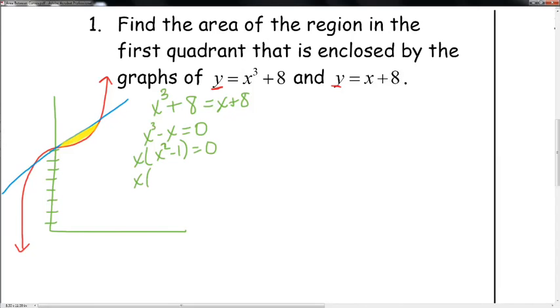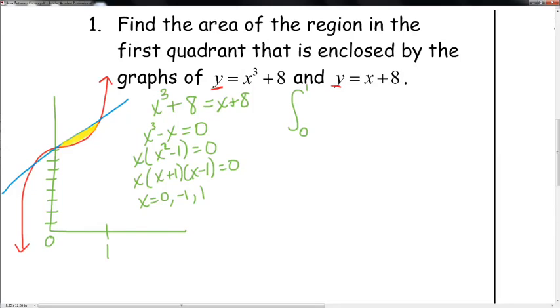This is a difference of squares, so x plus 1, x minus 1. So x can either be 0, -1, or +1. The only ones I have to worry about in the first quadrant are 0 and 1. So if I set up my bounds, I'm going from 0 to 1. Those are my points of intersection.